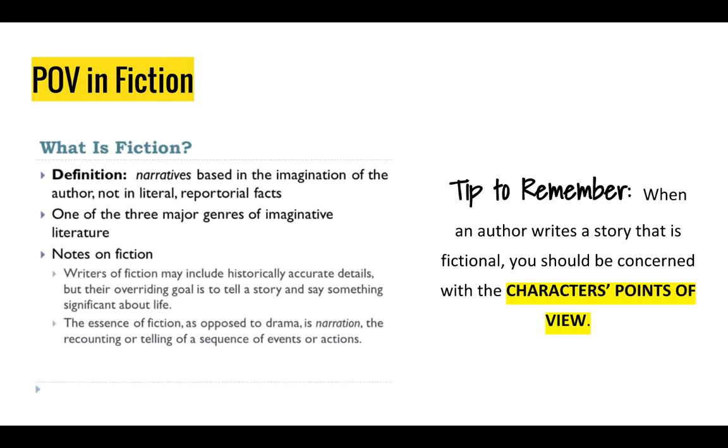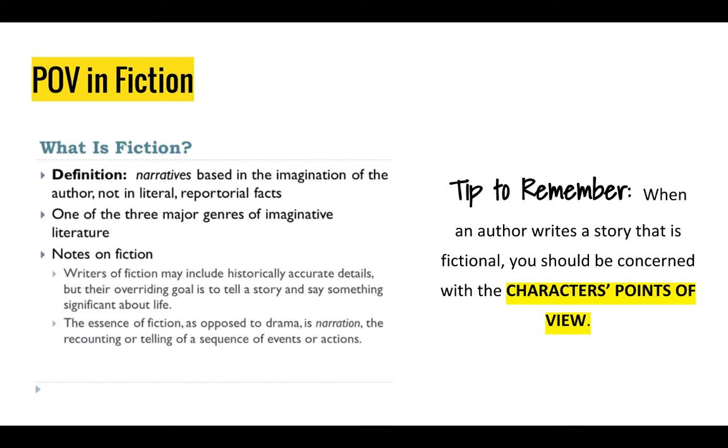You can sometimes talk about historically accurate details, like we looked at in the Triangle Factory Fire, the uprising story. That one is fiction. It's a fiction story because it's not completely 100% real, but the author does use some historically accurate facts. So sometimes we can have some historically accurate facts, but it's made up.